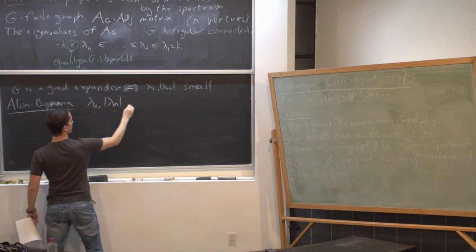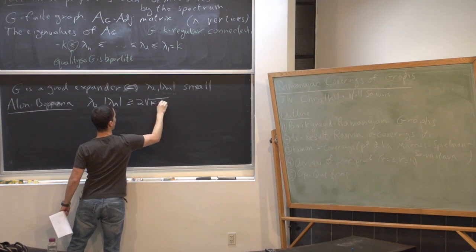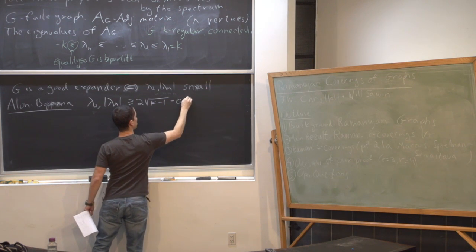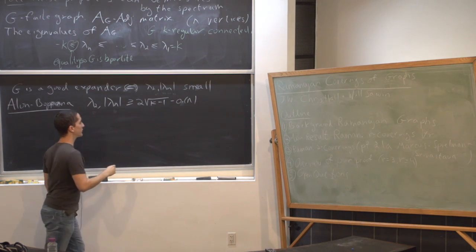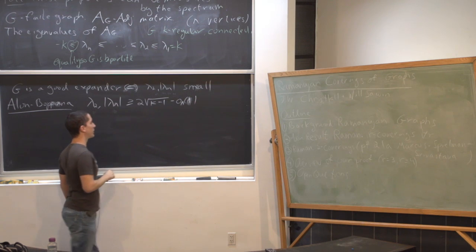Anyway, both these numbers are at least 2 square root of k minus 1, where k is the regularity, minus o(1), a small o of 1.